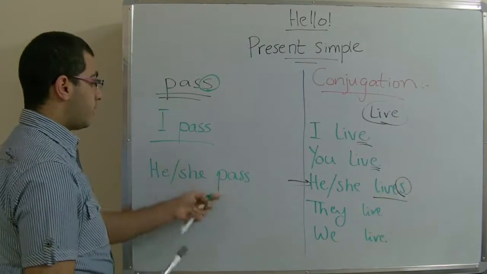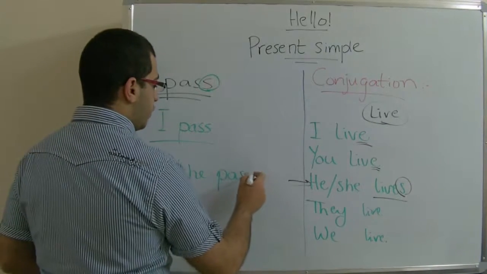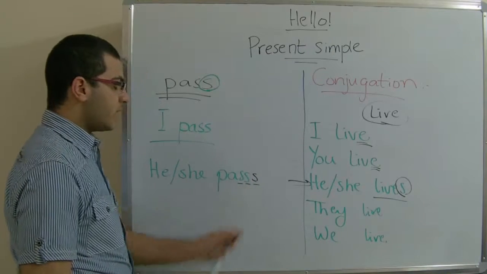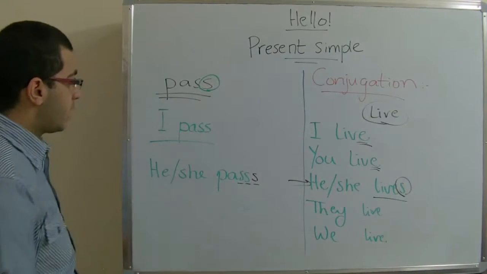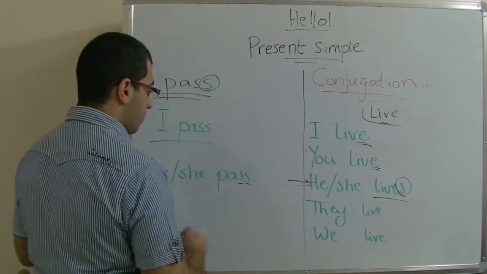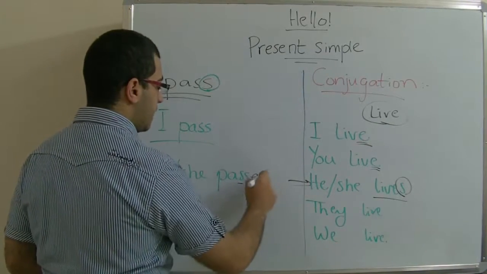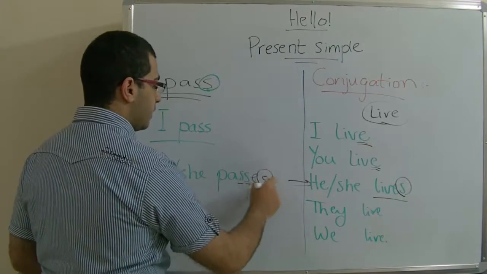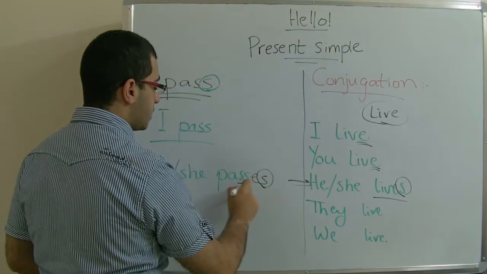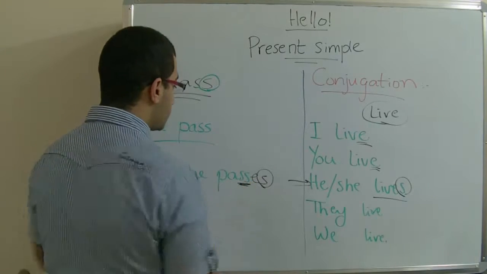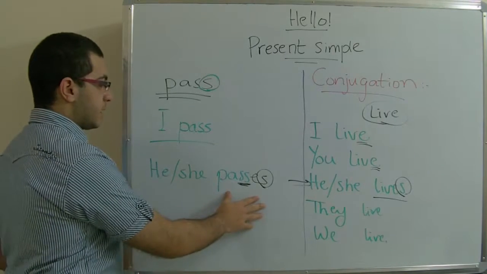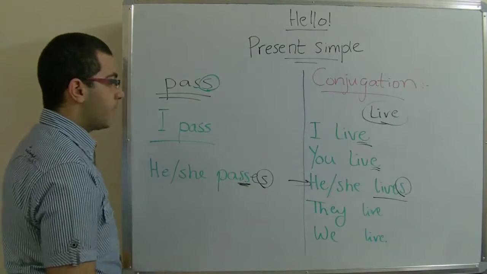If we add an S here in this verb, there will be 3 letters of S repeated this way, so it's very confusing. So instead of writing it this way, we write an E, then an S, to separate between the S of the conjugation of the present simple and the double S which are naturally in the verb. So we say he passes or she passes.